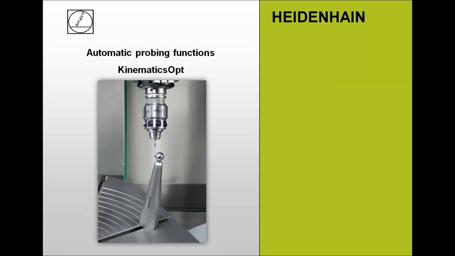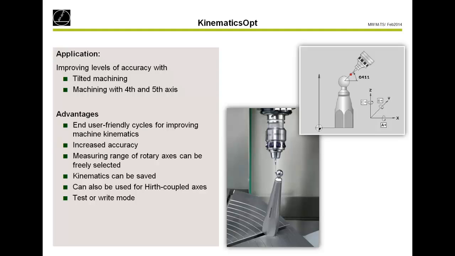A very important function from our automatic probing functions is the function KinematicsOpt. Now, KinematicsOpt is a probing cycle for your 5-axis machine, so with 5th and 4th axis, you can use the KinematicsOpt to make your machine more accurate. Behind the machine there is the kinematic description.